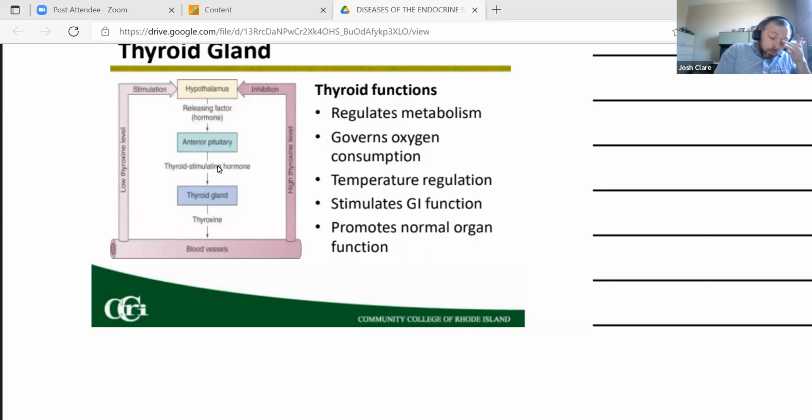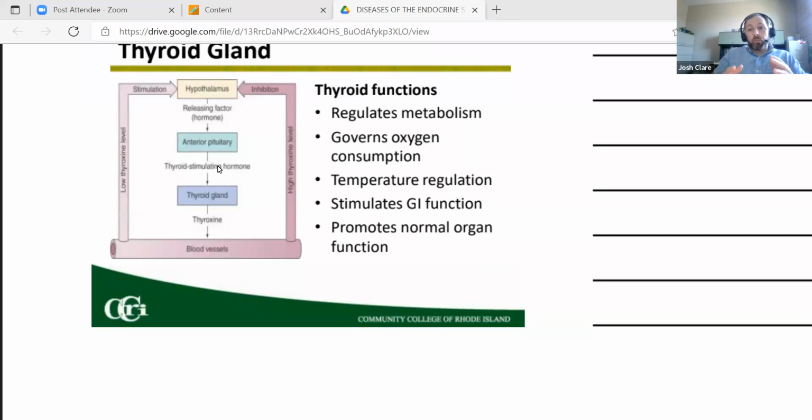So the loss of thyroid function can be very debilitating because of how many different things it can affect. The thyroid regulates metabolic rate, metabolism of nutrients, oxygen consumption, controls temperature regulation, stimulates the GI system, secretion of digestive juices, promotes normal heart, nervous system, musculoskeletal.